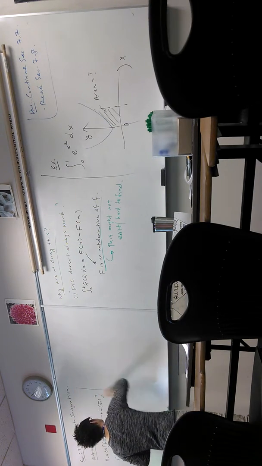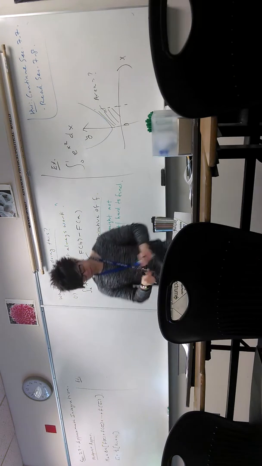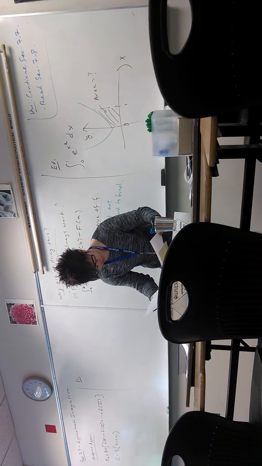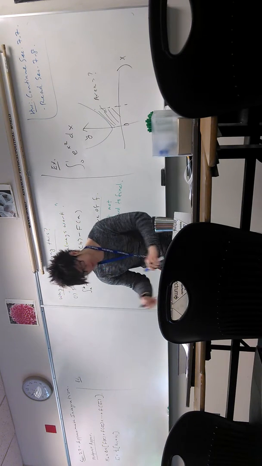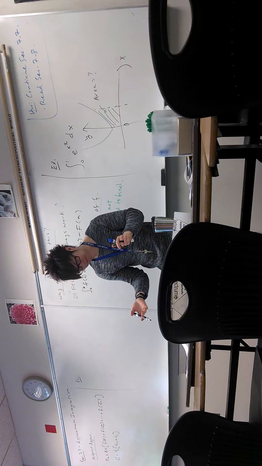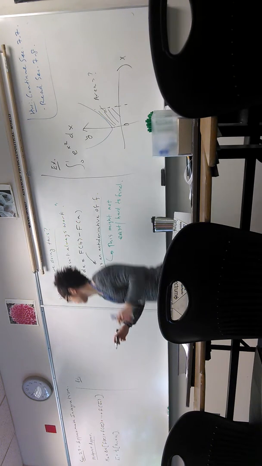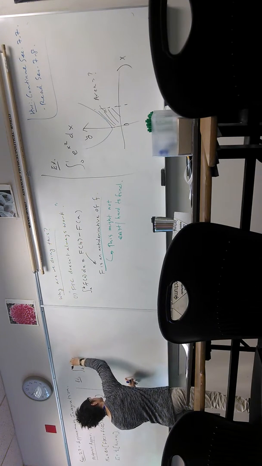So let's do an example. An example where we don't really need to use the approximation, but I want to just do it as an example: the integral from 0 to 2 of e to the x dx.